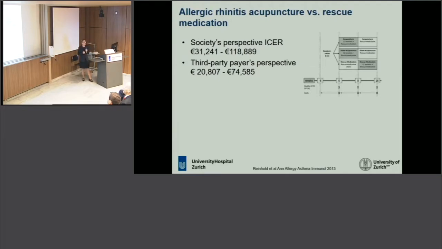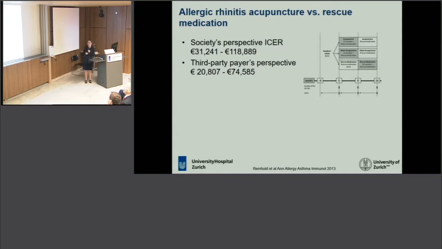But there are also newer data which are from trials published afterwards, and this is a trial which we did in Berlin, and Benno Brinkhaus was the PI on this one, and I'm pretty sure you might talk about the results today, Benno, and I'm only focusing on the health economic part here. This was more designed as an efficacy study, but here we see from a society's perspective, that's all the cost of the society has, including sick days.